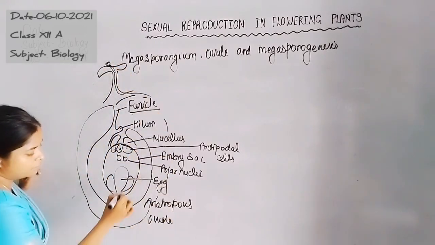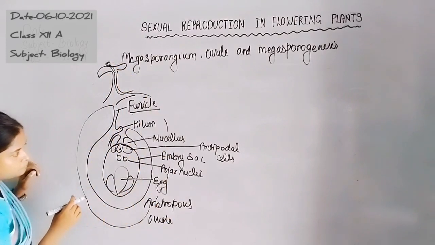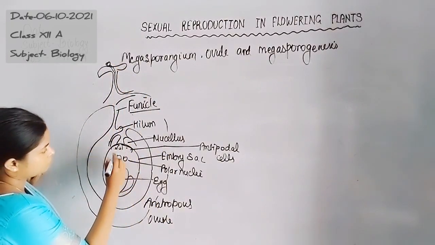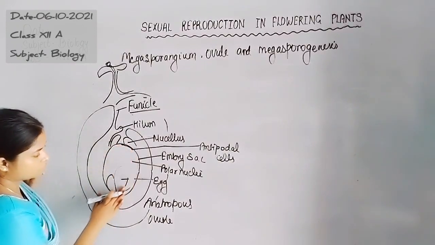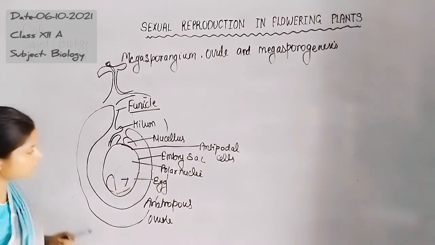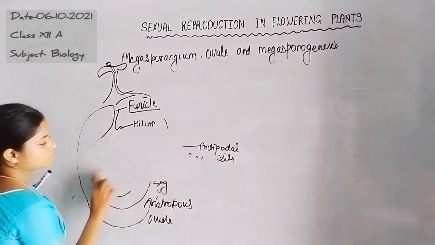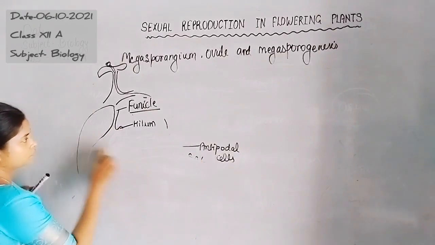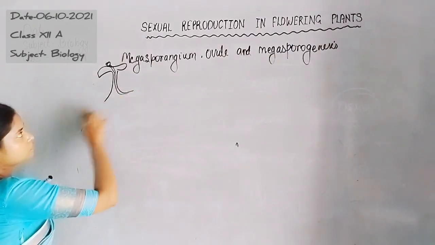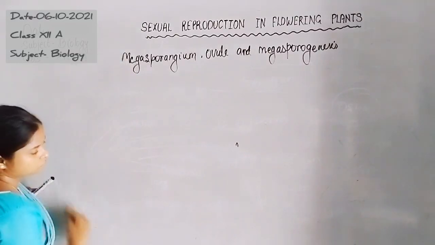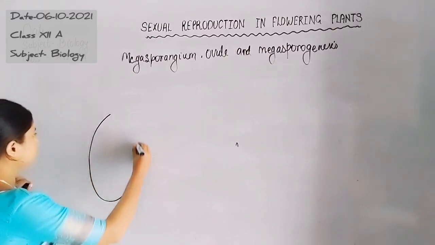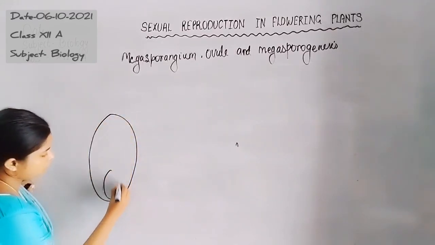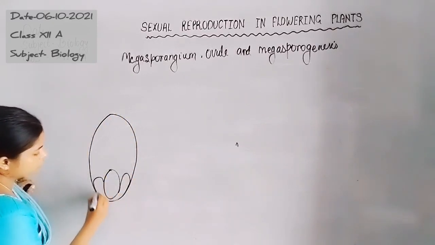The pollen tube transfers its male gamete towards the egg cell. So here is the egg. This one is the synergid, which has the filiform apparatus.